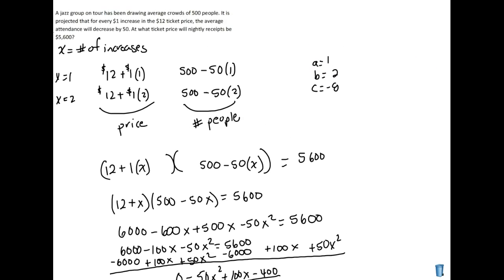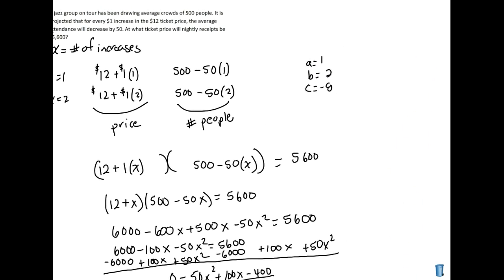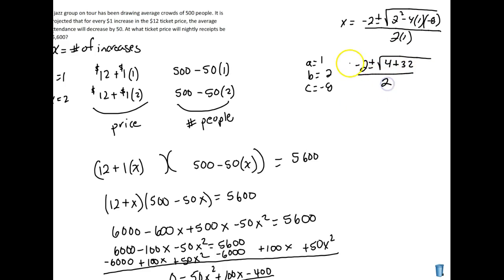I'm going to use my quadratic formula on this. So x equals negative b plus or minus the square root of b squared minus 4ac, all over 2a. So negative 2 plus or minus the square root of 4 plus 32, all over 2.